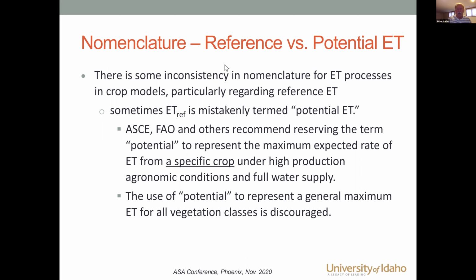In other words, when I talk about potential ET, I'm talking about potential ET from any particular crop, such as maize or cotton. Each of those will have its own potential ET, but it's under full agronomic conditions, full water supply. And if we limit potential ET to that, then everyone knows what we are talking about.